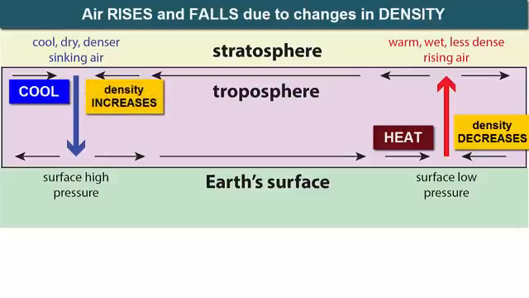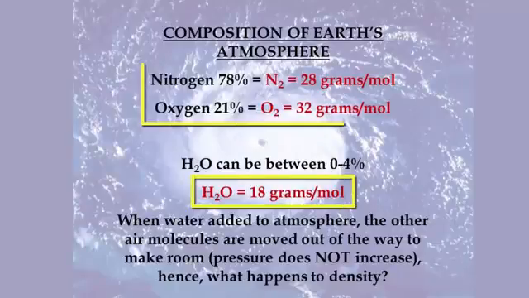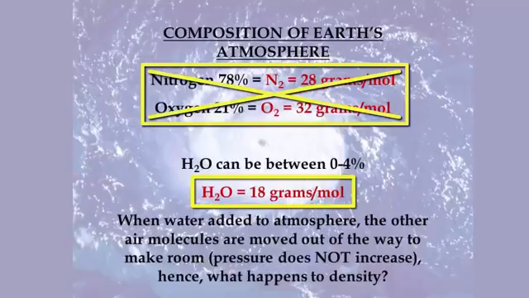How does water fit in? The water molecule at 18 grams per mole is less dense than the nitrogen and oxygen molecules. So as water evaporates and enters the air, it displaces a nitrogen or oxygen, kicks it out so to speak, and makes the overall air mass weigh less. Thus it's less dense.